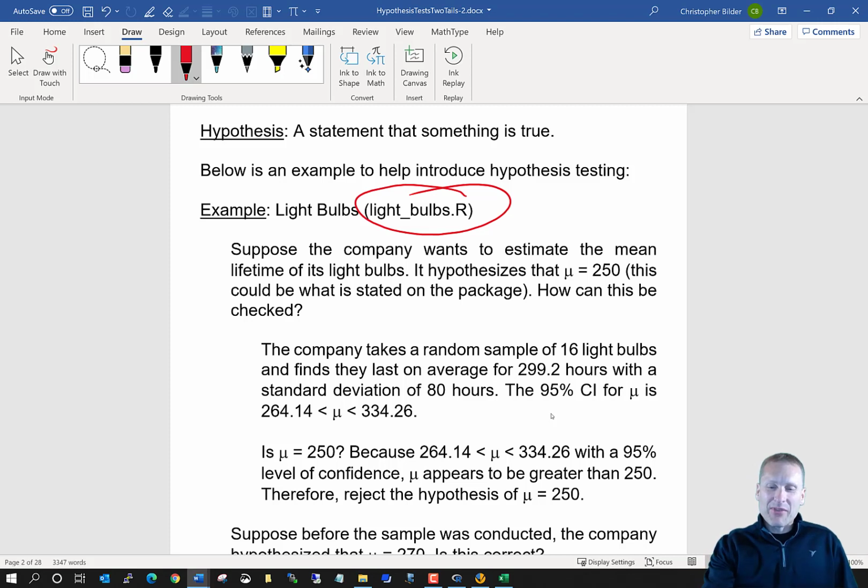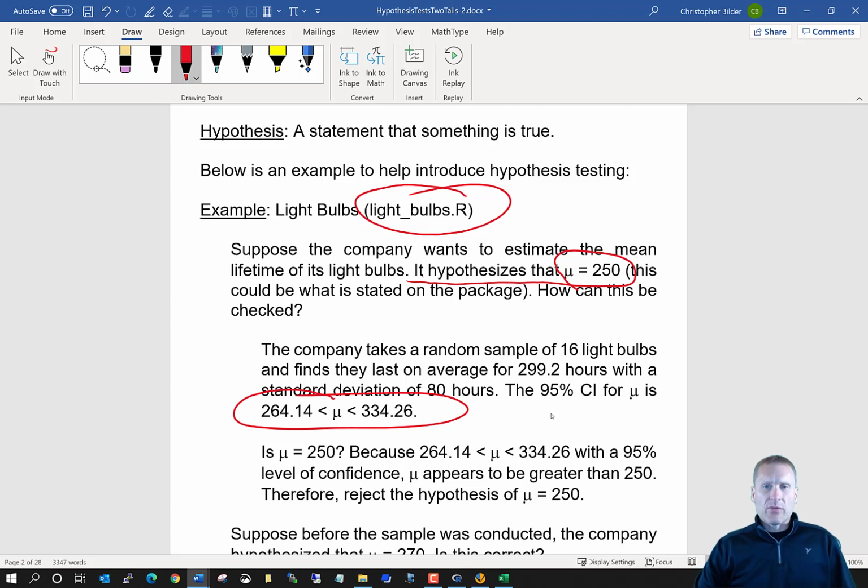So again, suppose that a company wants to estimate the mean lifetime of its light bulbs, and they hypothesize that their mean lifetime, mu, is equal to 250 hours. How can we check this? Well, we go out and we take a sample, and we calculate the sample mean, we calculate the sample standard deviation, we form the interval, and we get 264 to 334 as we've seen before.